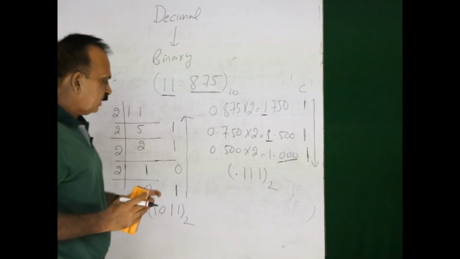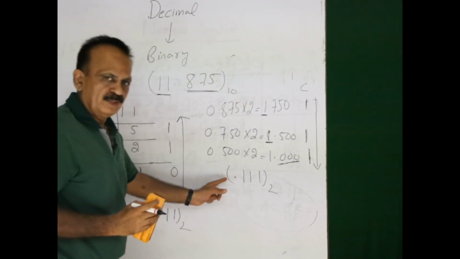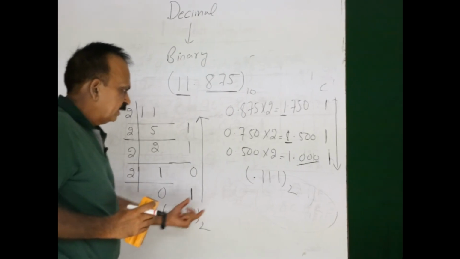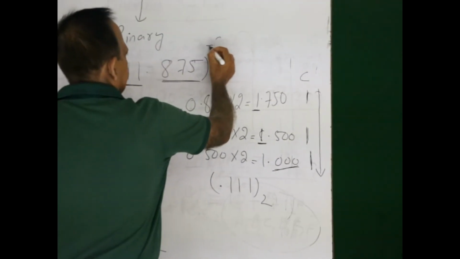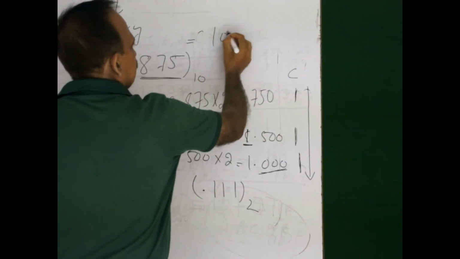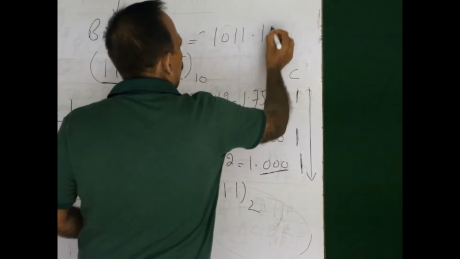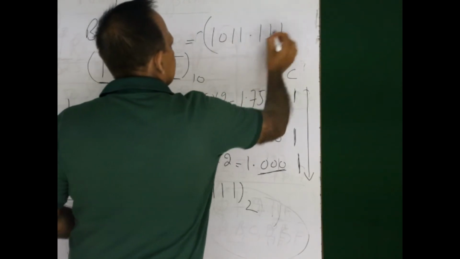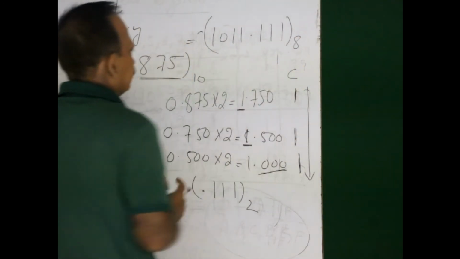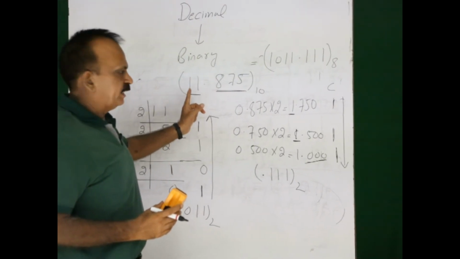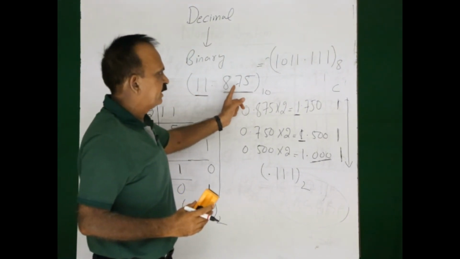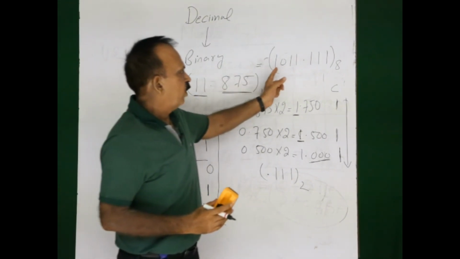If I combine the two, this is the integer part, this is the fractional part, I will get the binary equivalent, and it is 1011.111. This binary number represents the binary equivalent of the given decimal number 11.875.